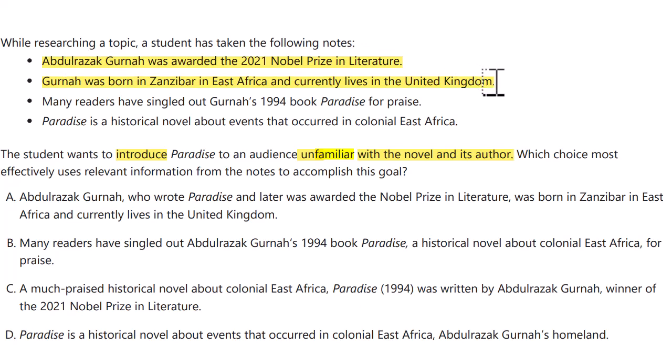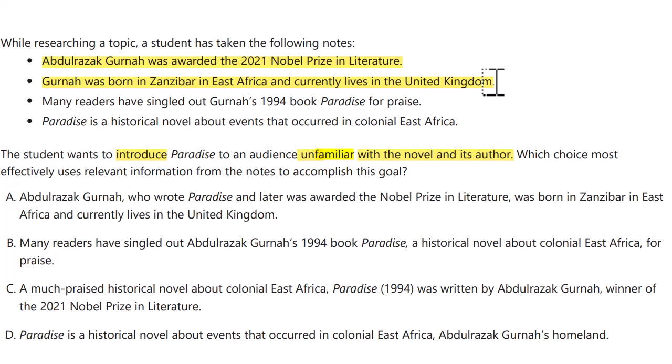If it's an unfamiliar prompt, the correct answer should include the information from those two bullet points to make the reader familiar with the background of that person, that object. If the prompt says familiar, you probably don't want to include any information from this first couple bullet points. So that's a practical approach of how to solve these problems.